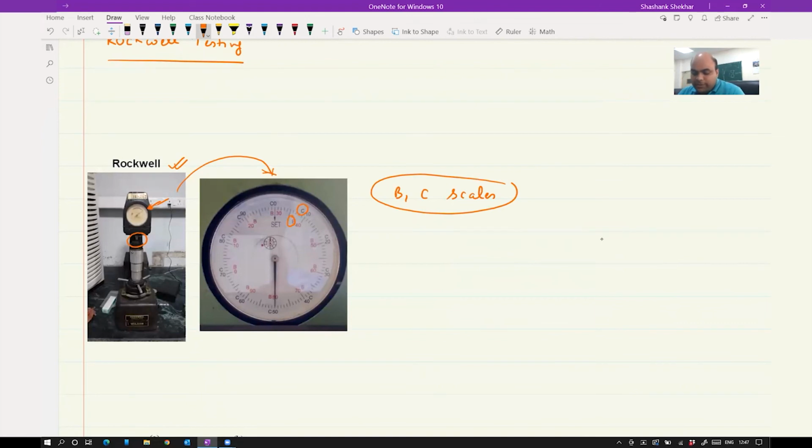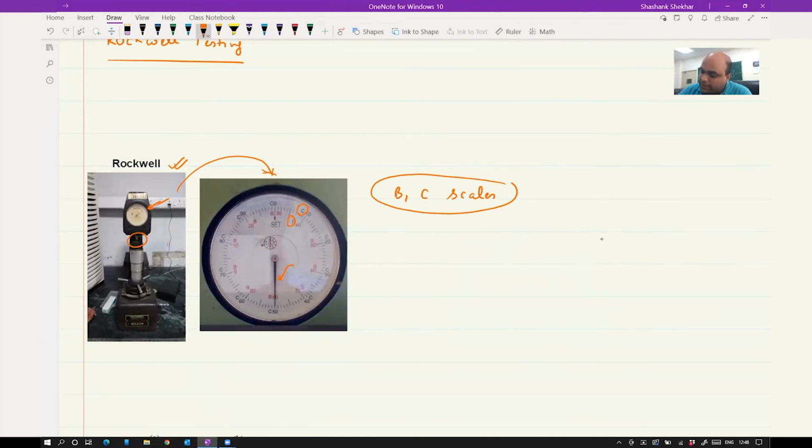You can use this scale, and this dial will give you the hardness value of the material you are testing. So instead of measuring D1, D2, the diagonal length or the diameter of your indent impression as in the Brinell test, it will automatically give you the hardness value on the dial.